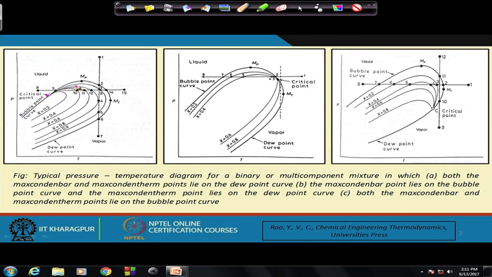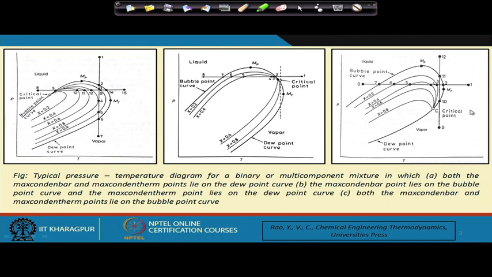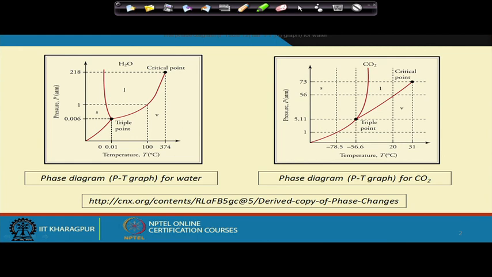Now, if you closely observe, while we were discussing pure components, we found that the liquid and vapor can coexist under equilibrium conditions up to the highest point, the critical point.